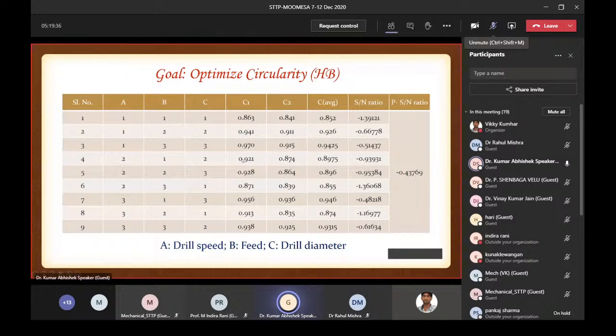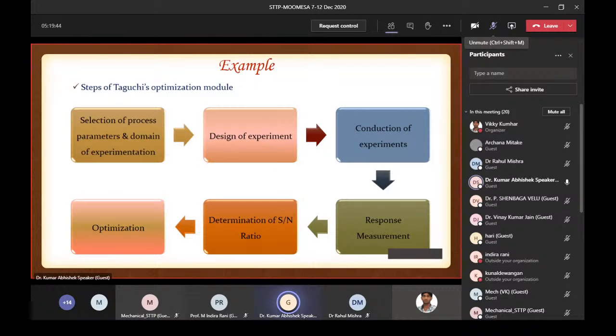So the first step is that you have to identify the process parameters. Since it is a drilling operation, drill diameter, speed and drill feed have been considered as process parameters, and their range, the different values or levels assigned for each factor, is considered as the domain of experimentation.